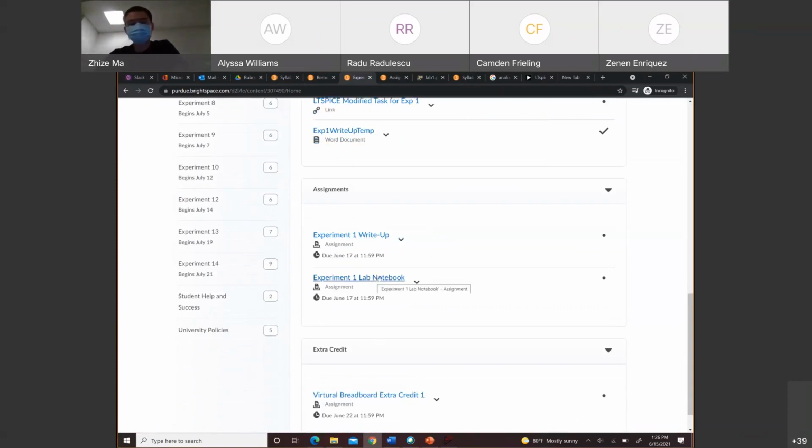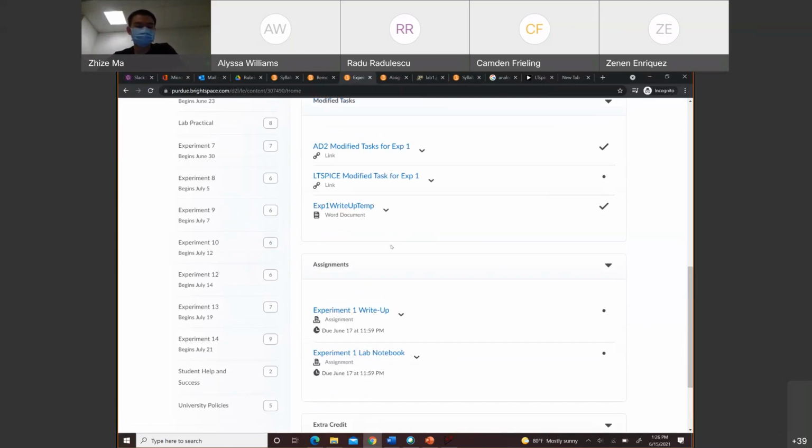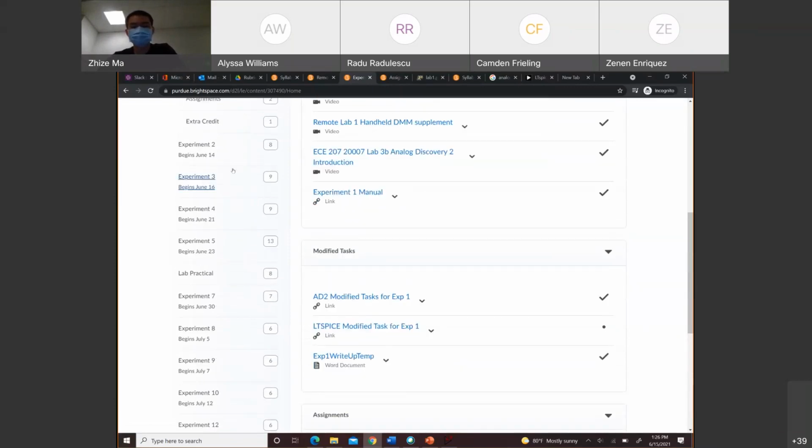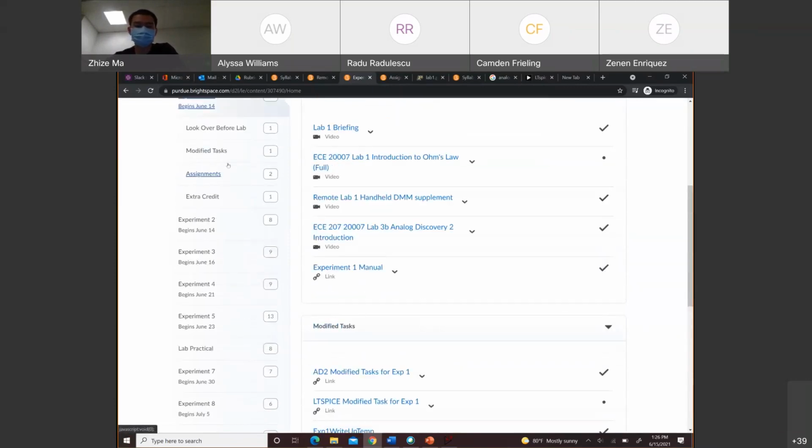We are not going to grade the notebook, but you should still finish it and submit it. It's just a reference for your write-up. You need to record your data during the experiment and maybe put the plots in the notebook. So it's just a reference for you, to let you know you need to take notes in the experiment.